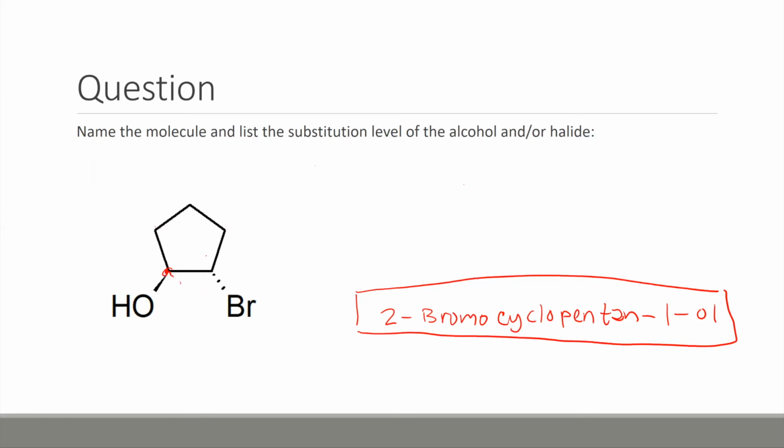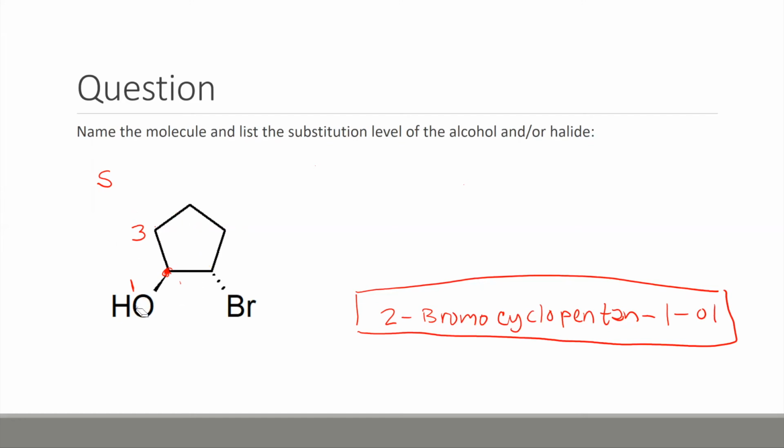So based on our groups here, this would be group number 1, this would be 2, and this would be 3. Now, if you forgot which gets precedence, go back to chapter 4 and look at how we rate the groups attached to a carbon. So when I connect these together, this is going counterclockwise, so it is an S.